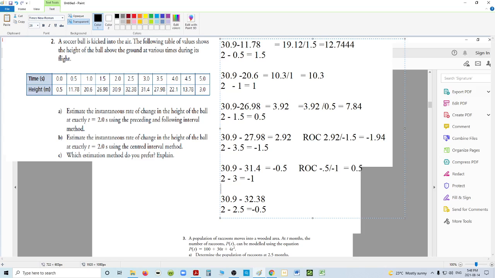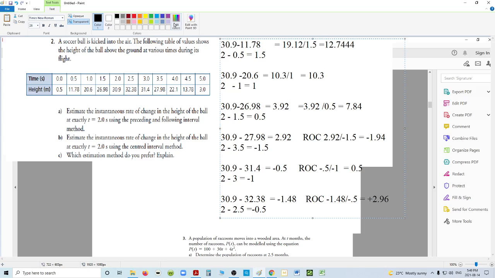And you can see why we're not approaching something, because we're most likely looking at a parabola. It is equal to negative 1.48, and the rate of change is negative 1.48 divided by negative 0.5, which is positive 2.96.